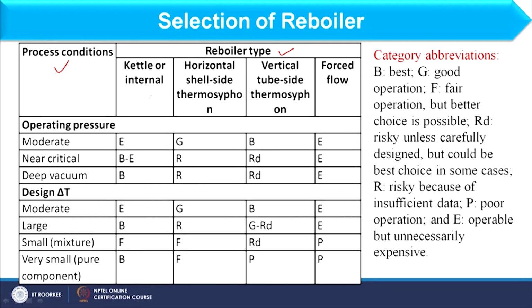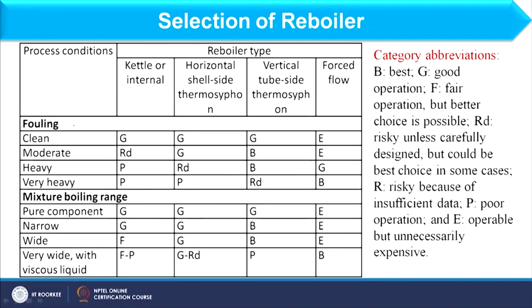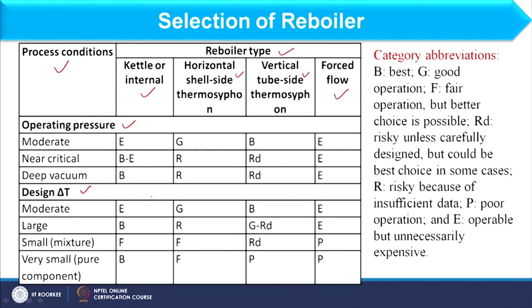We are comparing kettle or internal, horizontal shell side thermosiphon reboiler, vertical tube side thermosiphon reboiler, and forced flow reboilers, and we have different operating conditions. The table extends to this section also, where we have different other properties. Now, consider the different alphabets which are shown like this.